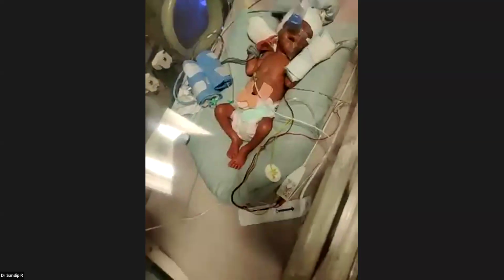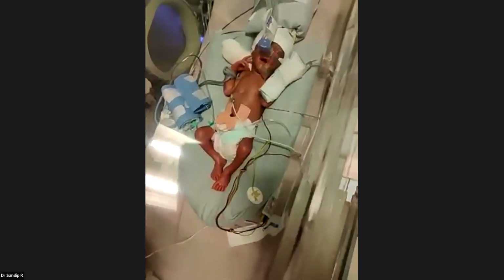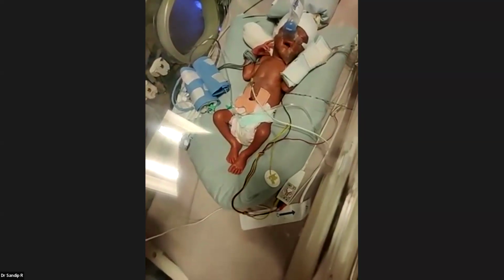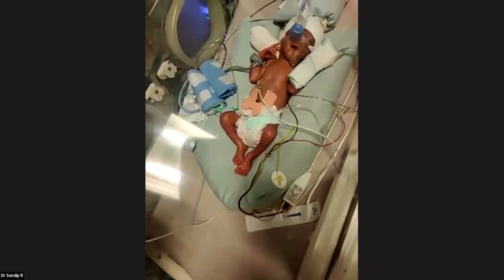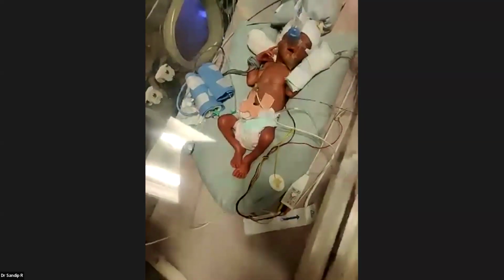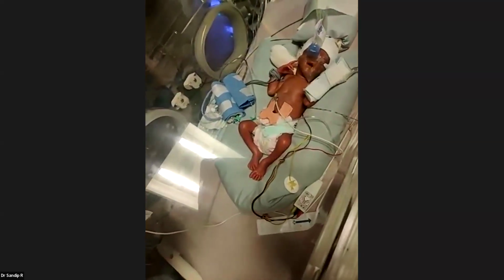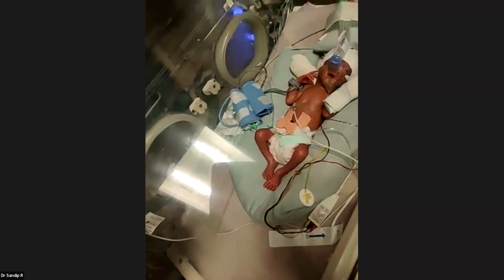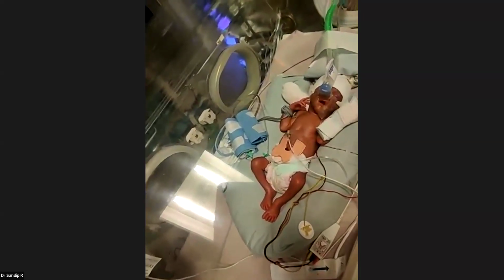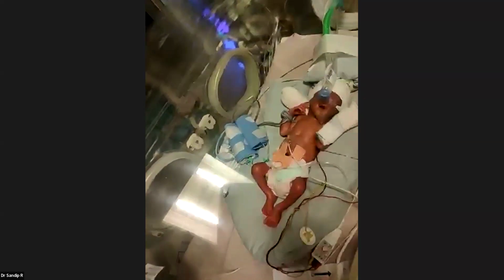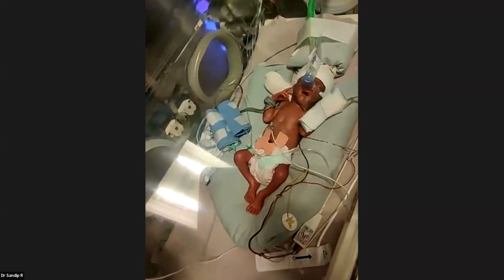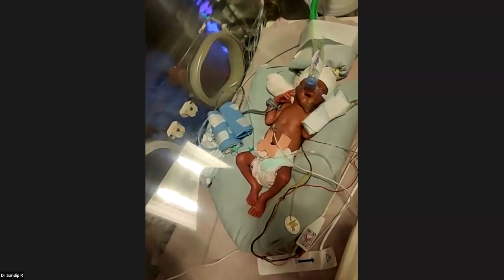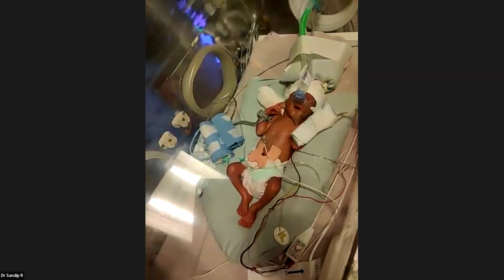Yeah, we can see the baby. Yes, sir. Baby is currently extubated to NIPPV mode. The interface we used is a nasal mask, and as we can see, baby is nursed in an incubator with a set temperature of 36.5. Air temperature is 34.5, baby's temperature is 36.5, and humidity is maintained up to 80%.